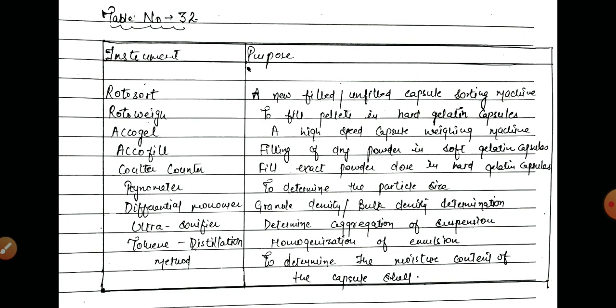And next one is toluene distillation, which is regarding homogenization of emulsion, and this method is also used to determine the moisture content of the capsule shell. These are all instruments regarding their purpose, and these are really important for your examinations, so you should keep all points in mind.